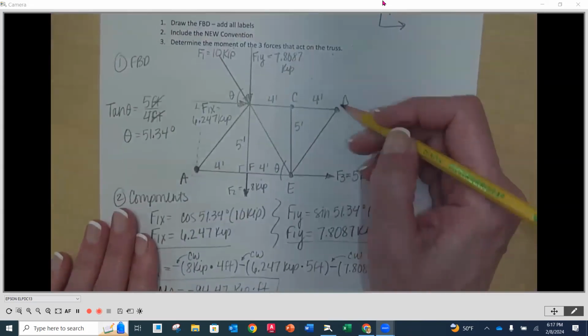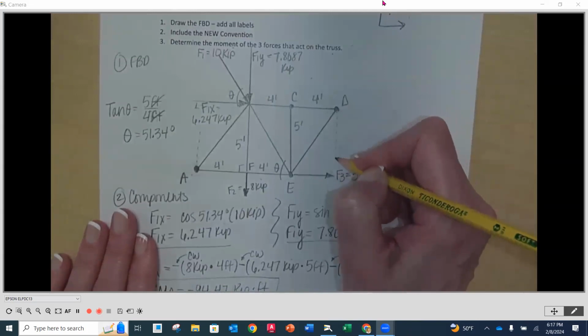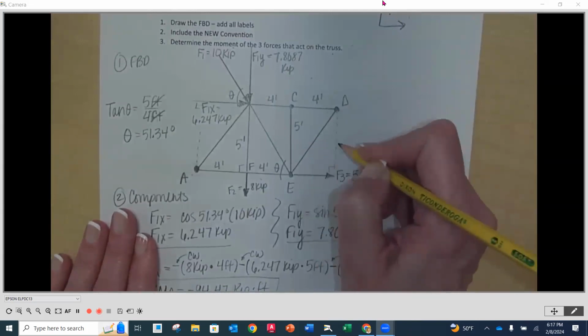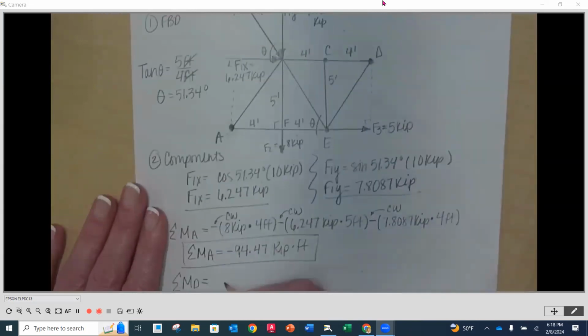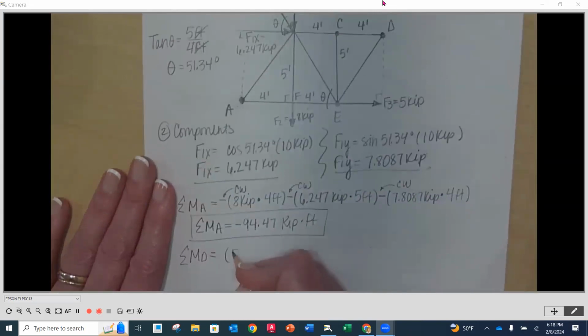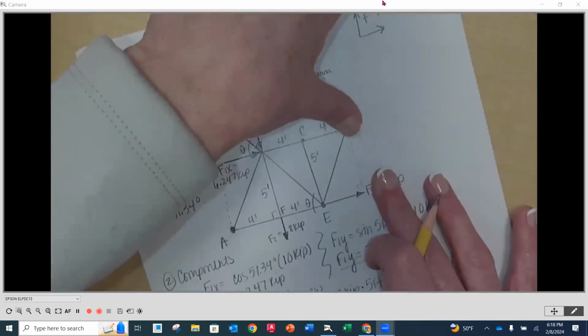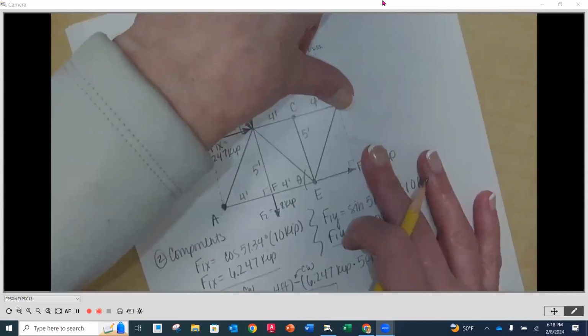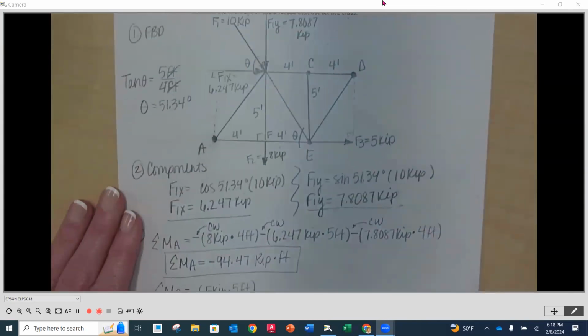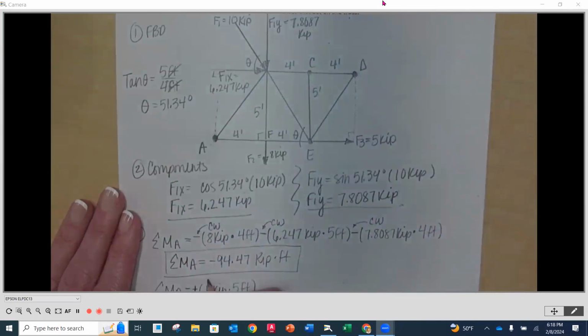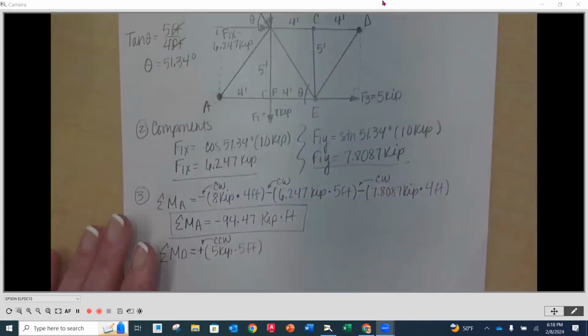And if I look here and I kind of bring this down, perpendicular distance is going to be 5 feet. So we're going to start our parentheses with 5 kips times 5 feet. And then the direction of rotation is going to be positive or negative. Positive, because it's rotating counterclockwise. Good. 5 times 5 for that one.